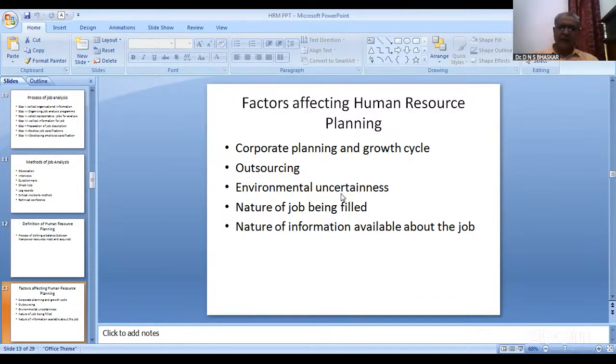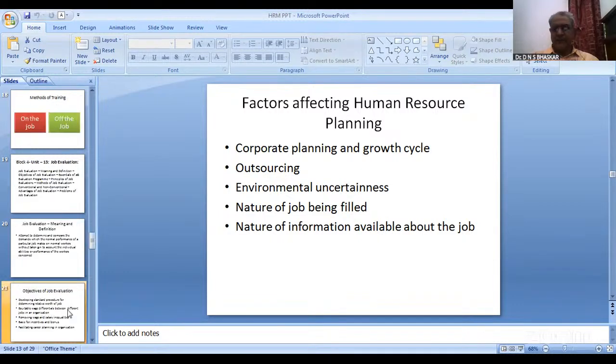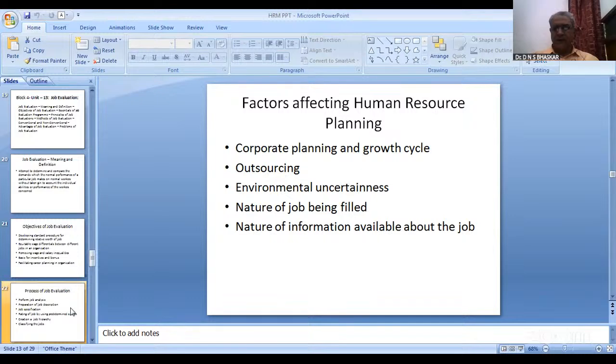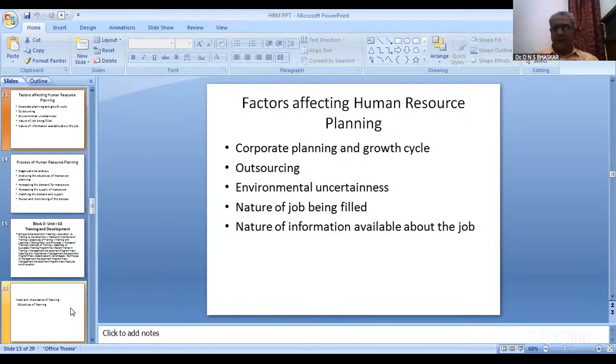Second important point, an additional point I'm giving you along with the material, is the outsourcing aspect. Nowadays almost all the companies are outsourcing, and outsourcing is mostly considered a basic factor.